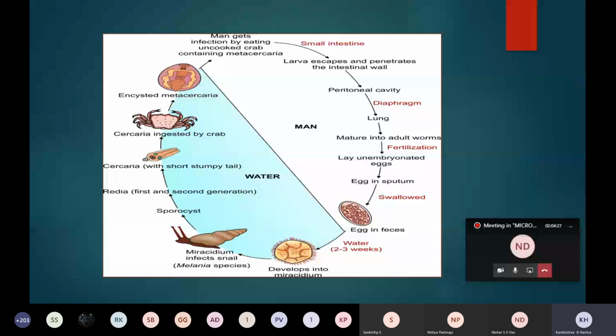After that, the miracidium develops into a sporocyst. The sporocyst converts itself into redia. Multiplication occurs and second generation redia is also formed. So you have first and second generation redia.